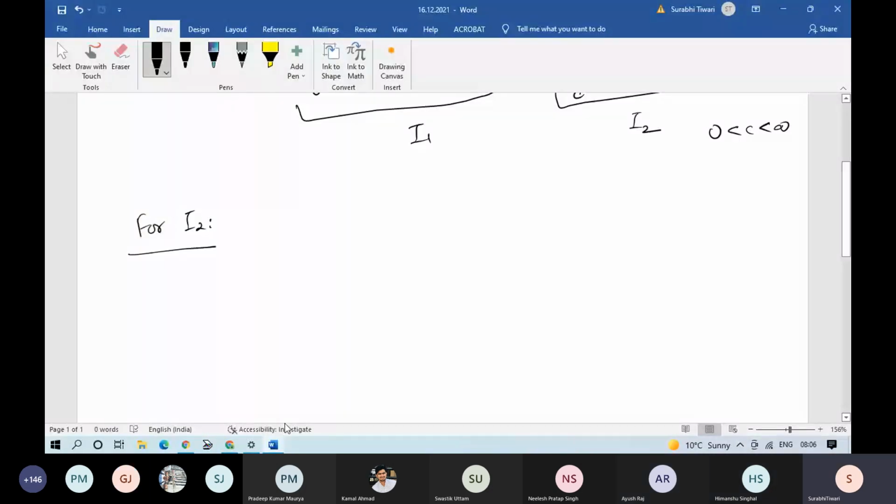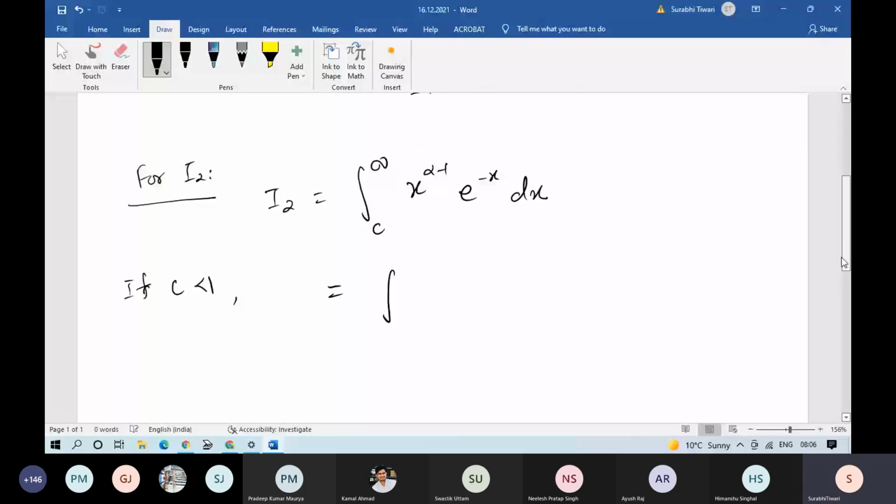So now for I2, I2 is the integral from c to infinity of x to the power of alpha minus 1 e raised to the power of minus x dx. Now if c is less than 1, then we can again decompose this integral into the integral from c to 1 of x to the power of alpha minus 1 e raised to the power of minus x dx, plus the integral from 1 to infinity of x to the power of alpha minus 1 e raised to the power of minus x dx.